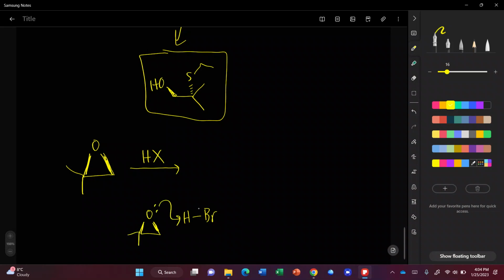Nucleophilic O attacks the electrophilic H. Okay. That gives me a protonated epoxide. Right, and then I have this Br minus. Okay. Right. So the protonated epoxide always is going to do SN2 chemistry, but because it's protonated, it's going to have the regiochemistry of an SN1 reaction, so the bromide is actually going to go there.